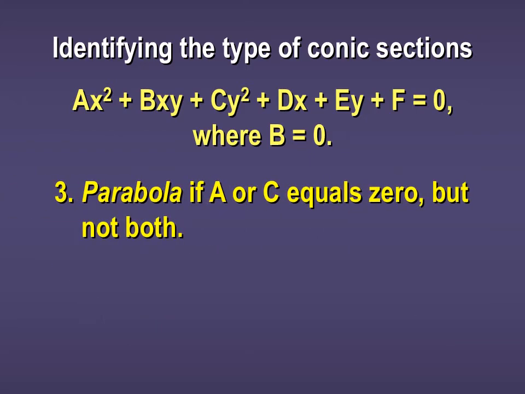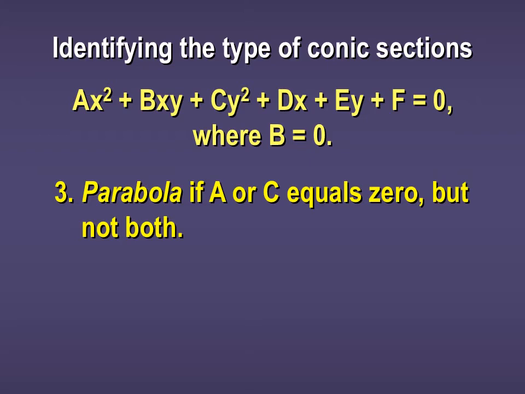Okay, if a or c equals 0, but not both of them, so one of them equals 0, you have a parabola. So parabola, that's like quadratic, so think back to your x squared, right? X squared is a parabola.